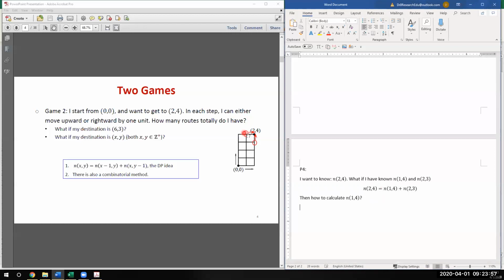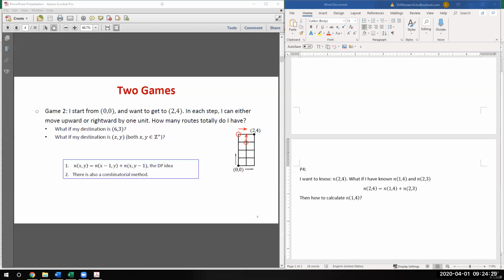It actually is the same. Because in order to reach this point, I have only two ways, either from N(0,4) or from N(1,3), right? From N(0,4), I can go this way. From N(1,3), I can go this way. Either of these two ways can give me N(1,4), right?